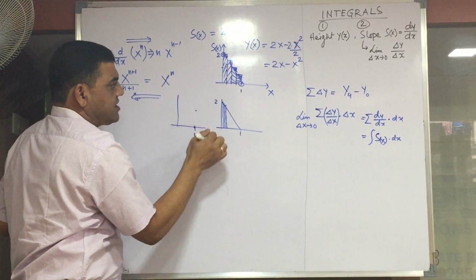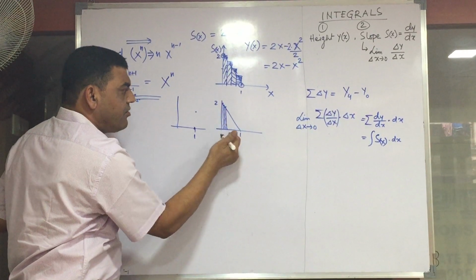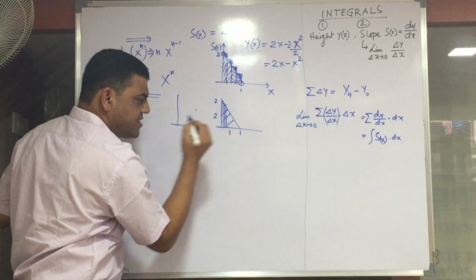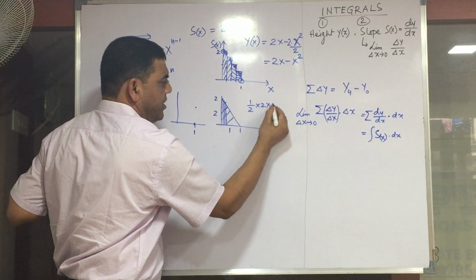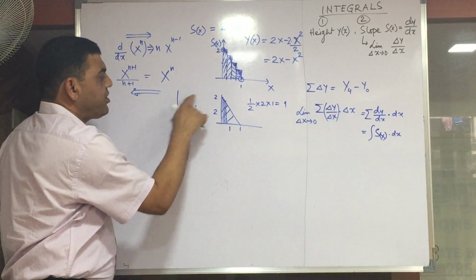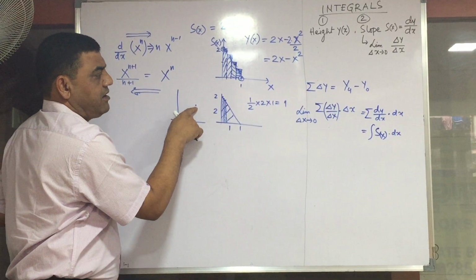That is the distance, and we can see from this graph at 1, what is this area? We have a height 2, we have a base 1, half base into height, half into 2 into 1, gives you an area of 1. So that means at 1 second the height achieved is 1.